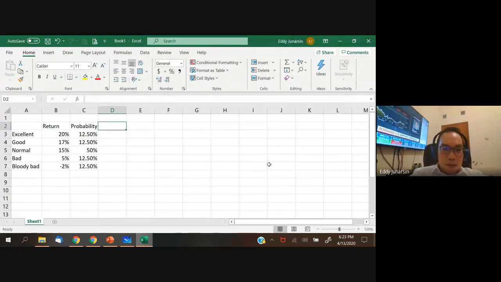So we have each multiplication. The first line for the excellent scenario is 20% times 12.5%. And of course, the second row would be 17% times 12.5%, but we can make a copy and paste mechanism, have the same pattern, and then sum them together.